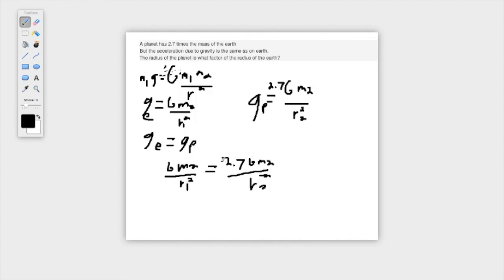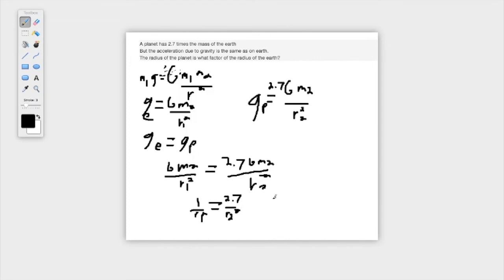So the mass of the Earth cancels out, and same with the gravitational constant. So you get 1 over r1 squared equals 2.7 over r2 squared. So what we're trying to do is find r2.